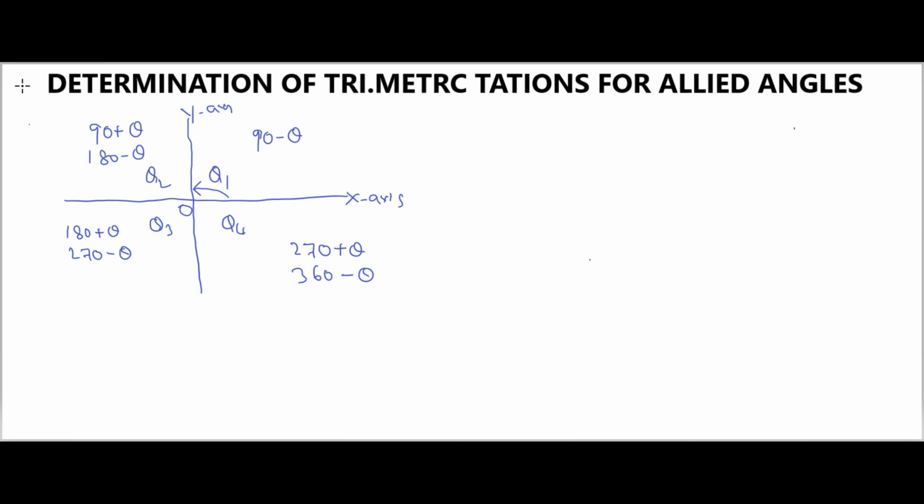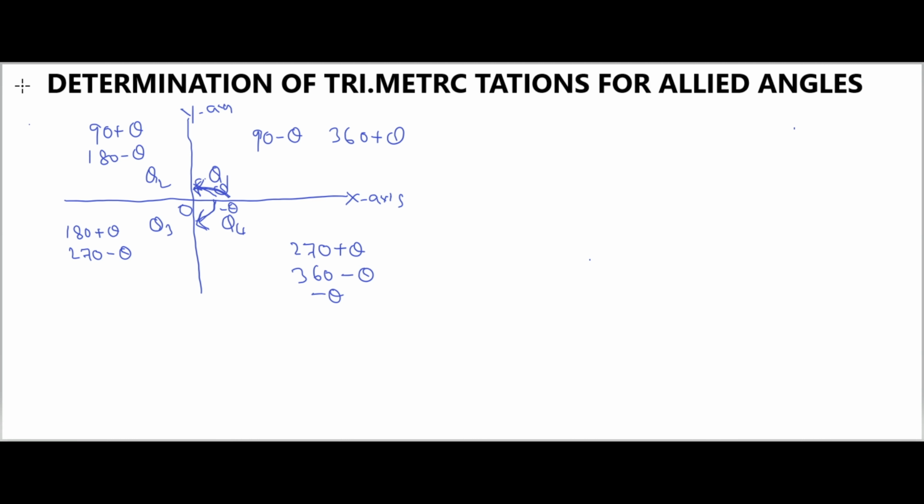This is 360 plus theta. If this angle is taken as theta, minus theta lies in fourth quadrant. This direction is taken as positive direction and this direction is taken as negative direction. So minus theta also lies in fourth quadrant.